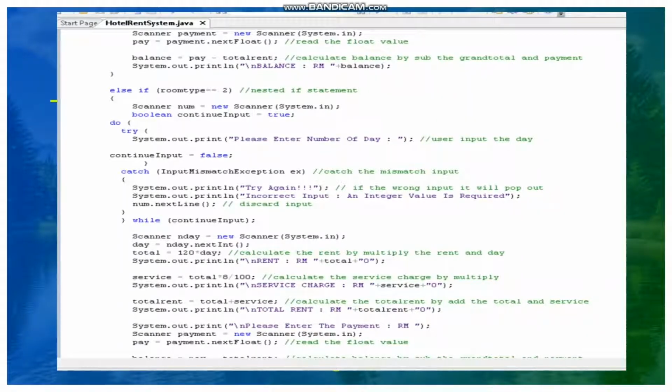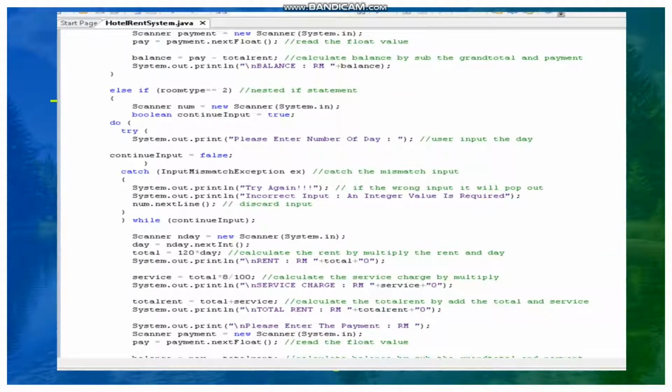Catch the input mismatch exception, and System.out.print try again. If the input is wrong, it will pop out again like the same as we saw earlier.